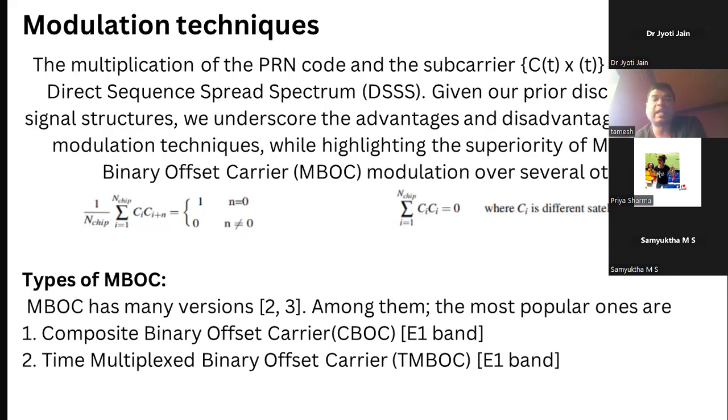But here another sinusoid carrier is multiplied, it may be sine or cosine, so it is a subcarrier, and it has the main peak in the frequency domain. The main peak is actually divided into two by using the subcarrier signal.